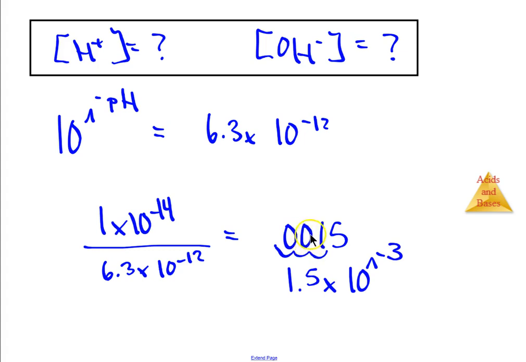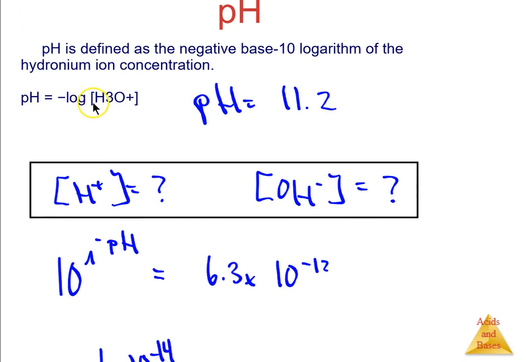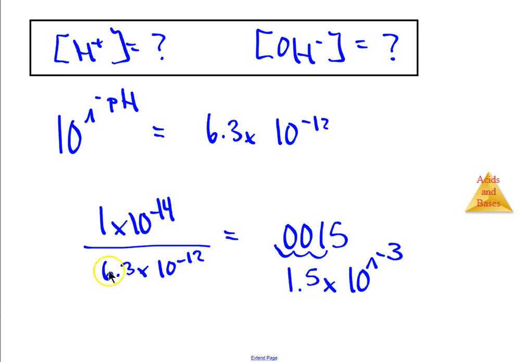So far, okay? It's a combination of two, I guess 3, technically, equations. That my pH is equal to my negative log of H plus. My H plus is equal to 10 raised to the negative pH. And that my H plus or my OH minus would be equal to 1 times 10 to the negative 14 divided by my given.